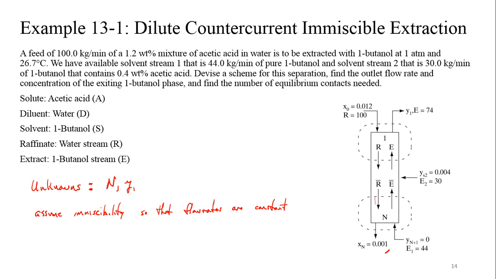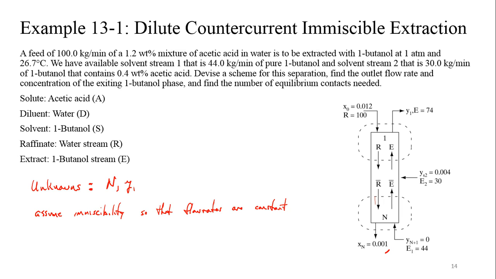Where do we head from here to solve this problem? McCabe-Thiele requires us to have what? Equilibrium information, and we also need what? Operating line.